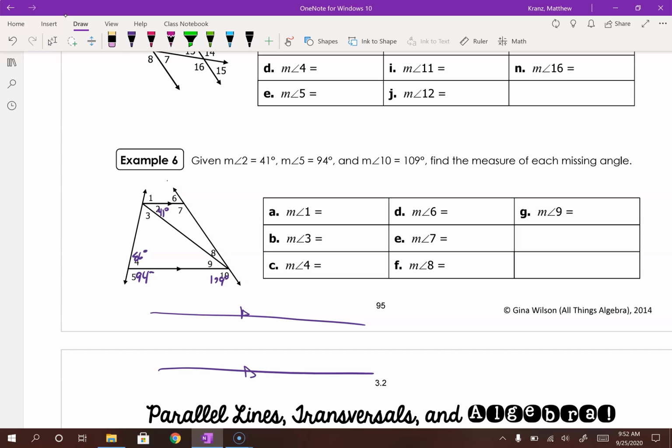So now, when I look at this one, that's this one here. So that gives me a 9, a 3, a 2, and technically an 8. Right now, I know that angle 2 is 41. Angle 9 is alternate interior, so that'll be 41. So this will be 41 degrees.